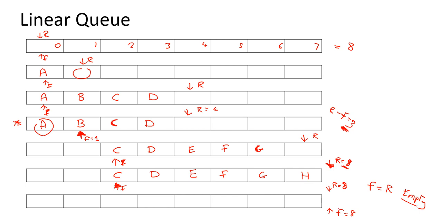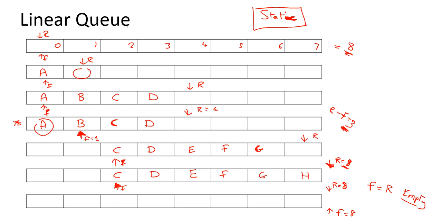Implementing this linear queue in the way where we've got an array, which is known as a static data type. Being static, it doesn't change in size once the program is running, or once it's been declared. So we can't change it from 8.